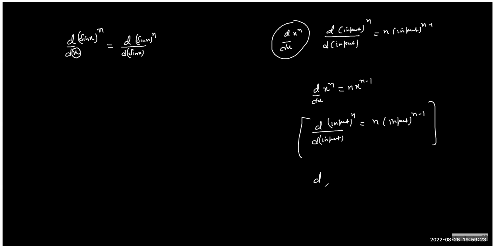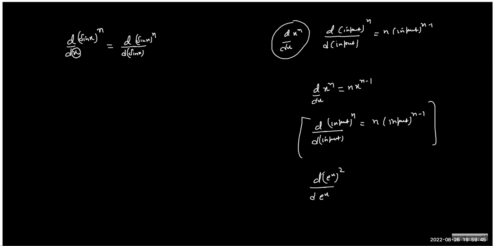So if I ask you d by d of e power x whole squared, can we say this is the formula of the power rule? Yes or no? If you think of e power x as a black box, this is like d by d box of black box power 2, isn't it?